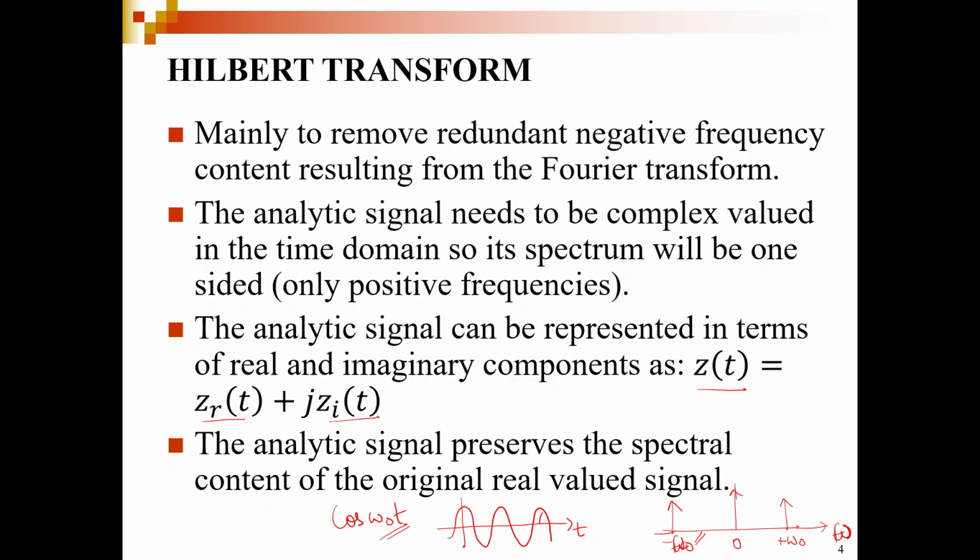By keeping only the positive frequency, we preserve the spectral content of the original valued signal. The analytical signal preserves the spectral content. What is meant by spectral content? Whatever the content of your original signal in the frequency domain, that is kept intact while we do this Hilbert transform.